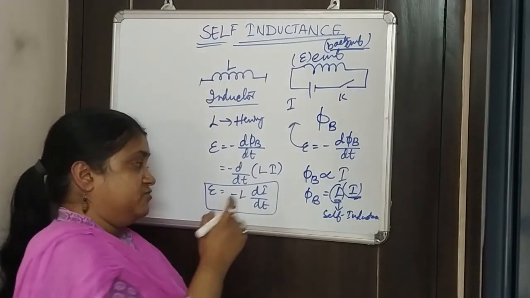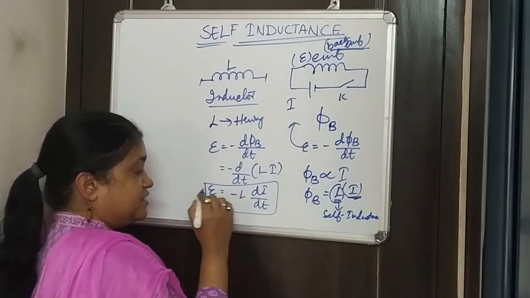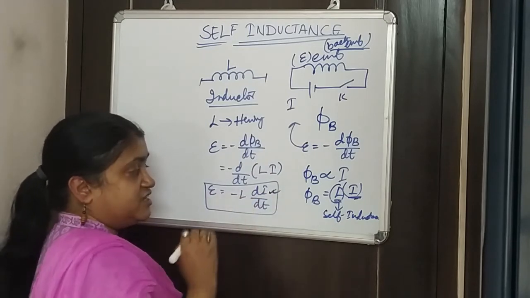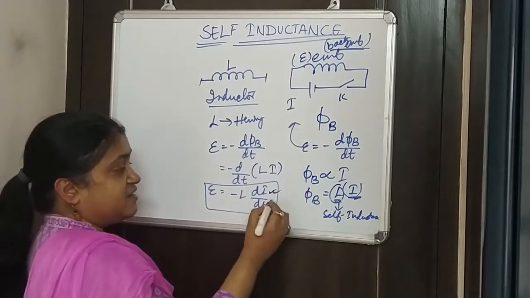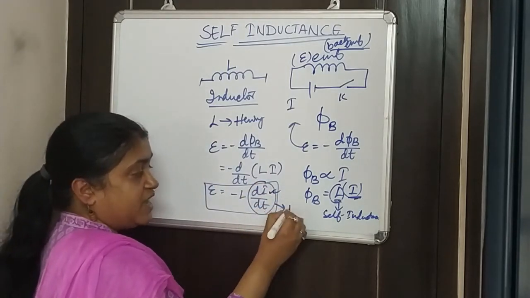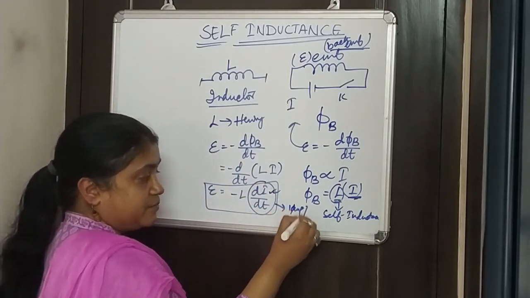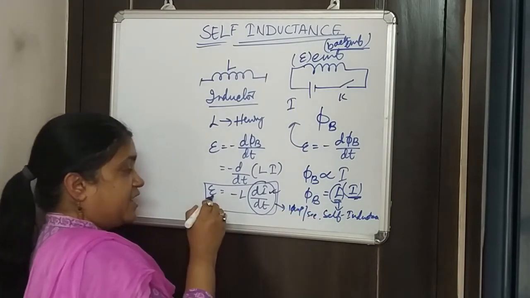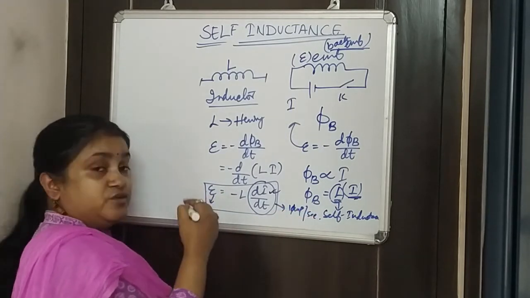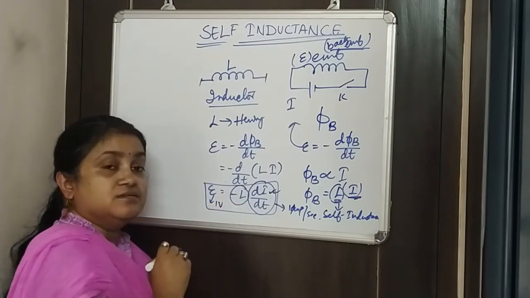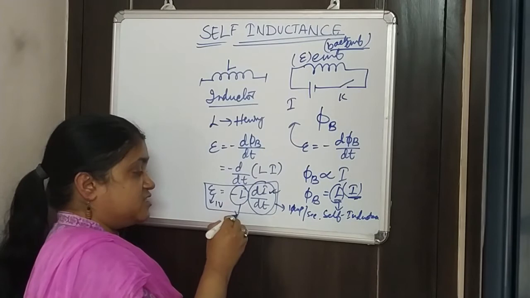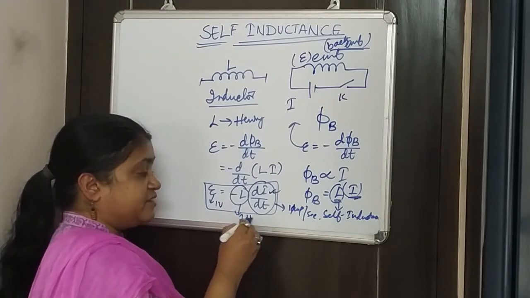Now if the current change is 1 ampere per second, if dI/dt is 1 ampere per second, and that produces a back EMF of 1 volt, then the inductance is what is called 1 Henry.